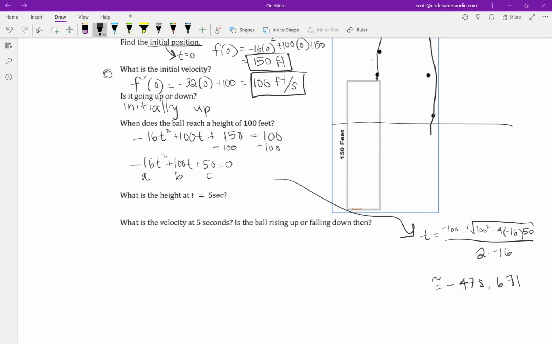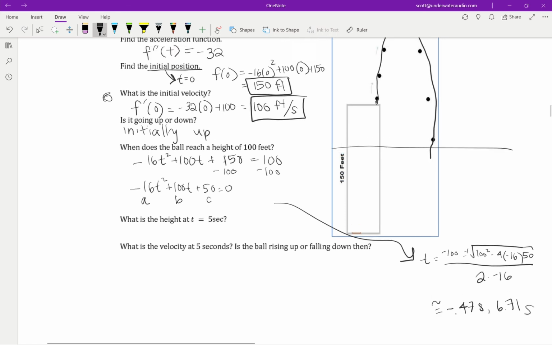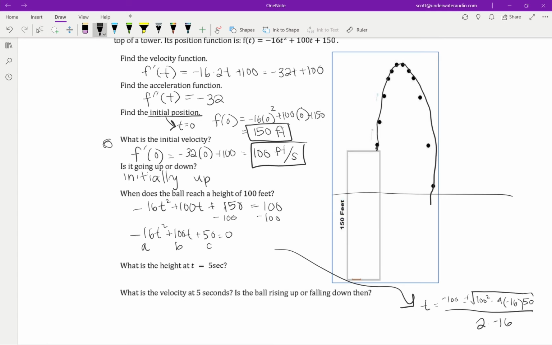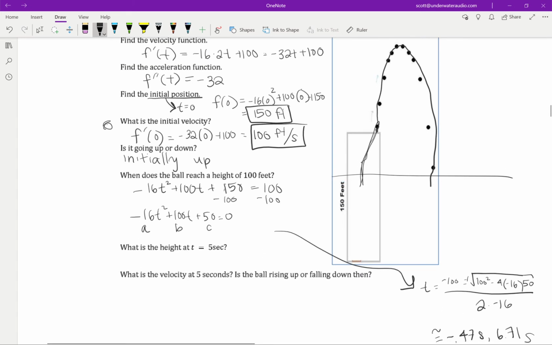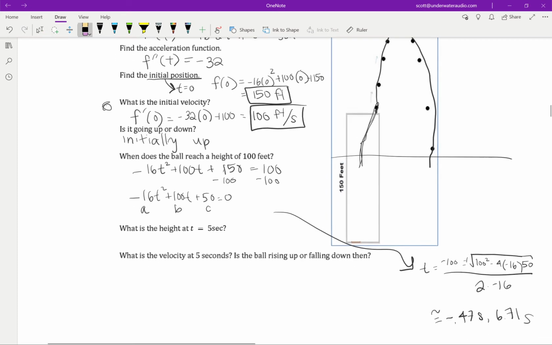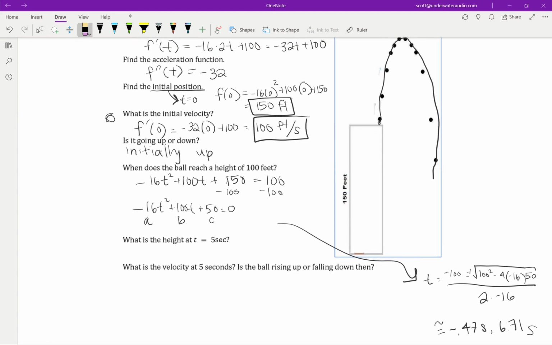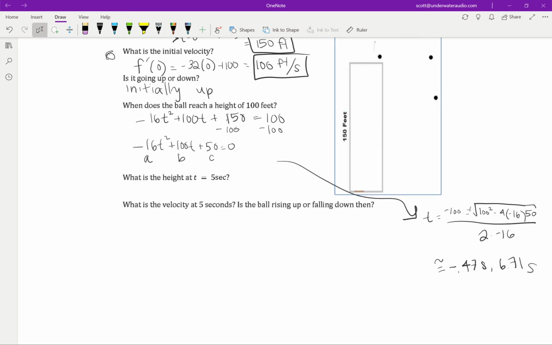It doesn't make sense to have a negative time, but if you think about it, this graph really helps. If you could go back in time, the ball would have reached 100 feet, negative 0.47 seconds before the ball was thrown. Like if it followed the same trajectory, I guess is how we're going to think about that. So I think the correct answer is 6.71 seconds.